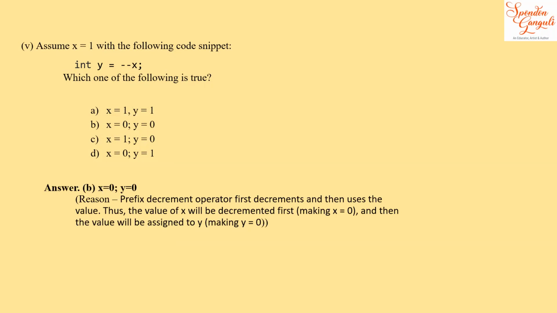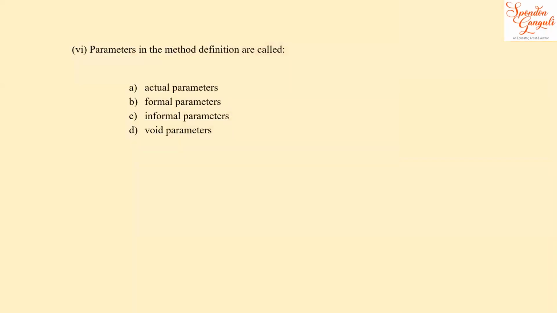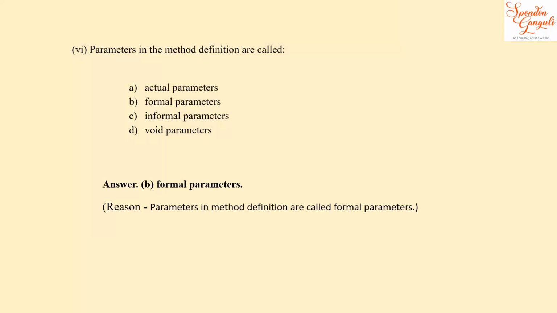The reason is --x is a pre-decrement operator. First x value gets decreased to 0 and then y is initialized with the present value of x, that is 0. Next question. Parameters in the method definition are called actual parameter, formal parameter, informal parameter, void parameter. The answer is formal parameters.